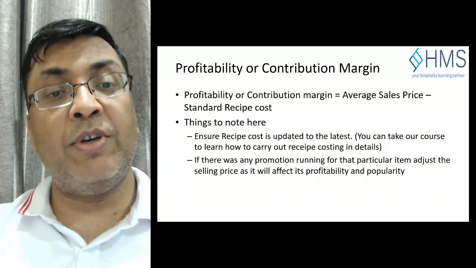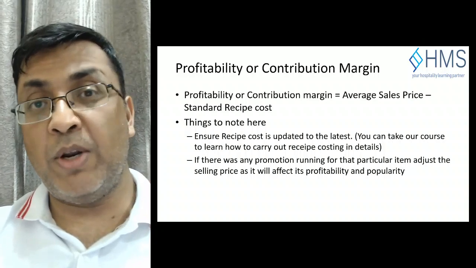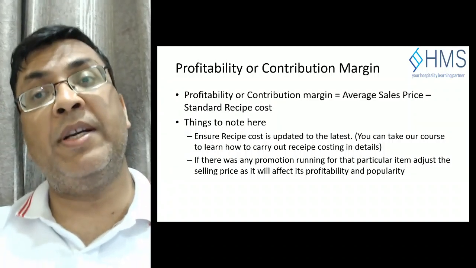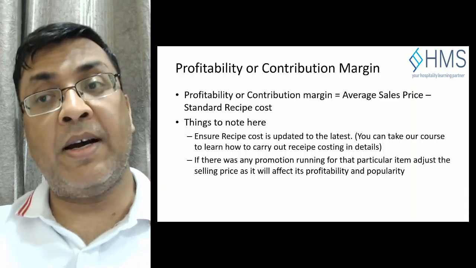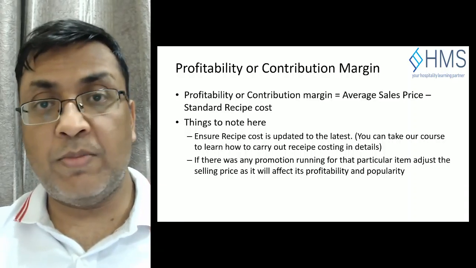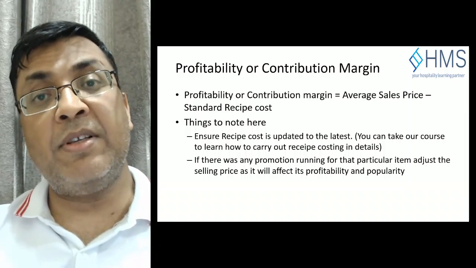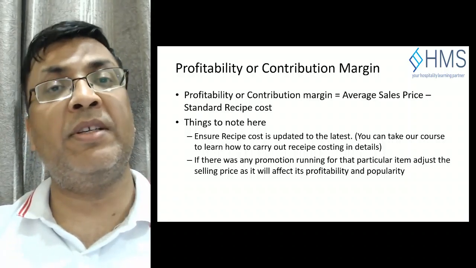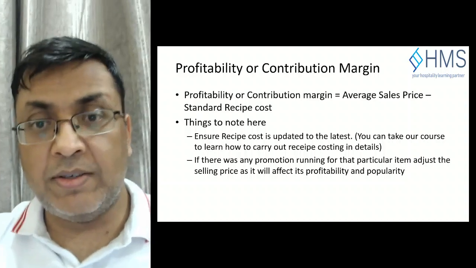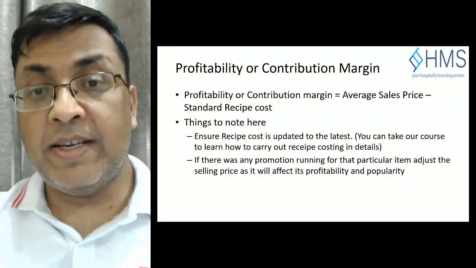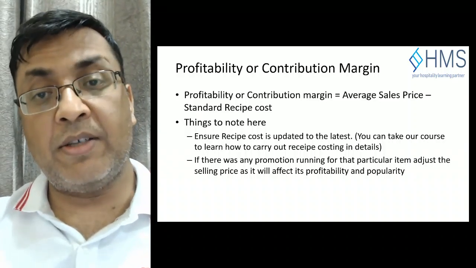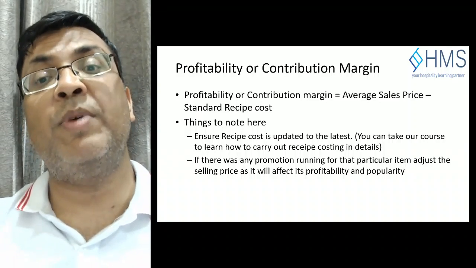So you need to make sure, when you are looking at the menu engineering report, that the recipe cost is updated to the latest, unless you have reasons to believe that the costs are outdated because of recent incidents in the market which have increased the cost, or other factors which you believe mean the cost may not be correct.